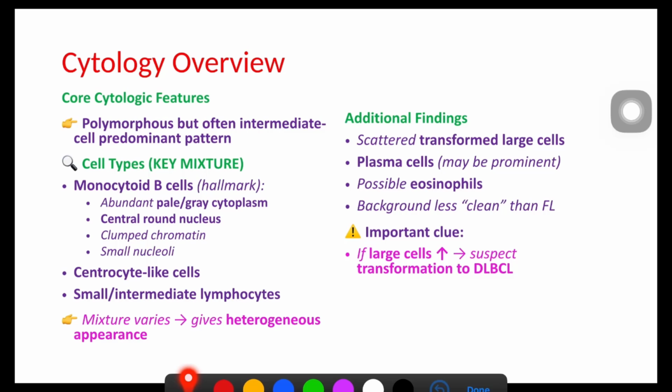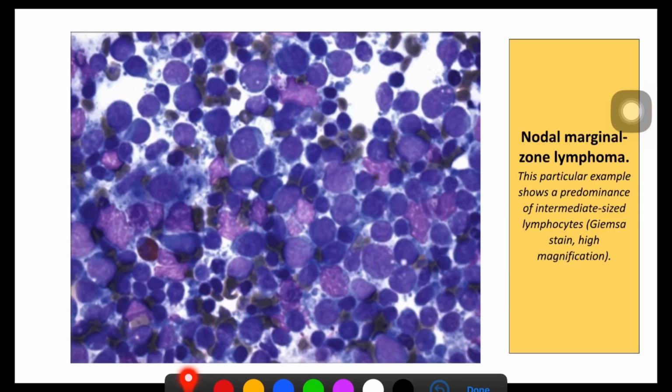Now the mixture varies, and whenever there is a mixture, it gives a heterogeneous appearance. Additional findings include transformed large cells, plasma cells may be prominent, eosinophils may be seen, and the background is less clean than follicular lymphoma. So if you see large cells increase in number, suspect transformation to DLBCL.